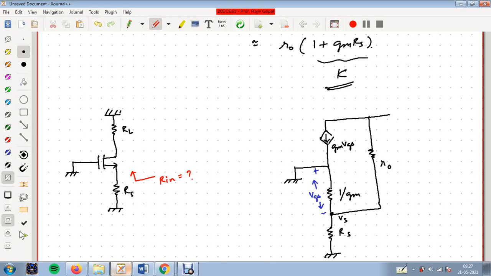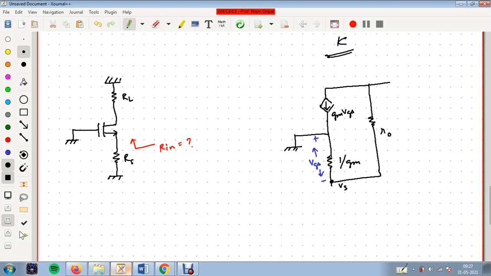Same method. I use Vx and Ix, and Vx by Ix will give me Rin. Here you will not have Rs. Rather you will have some voltage here, plus minus Vx, ground, and the current flowing here is Ix.